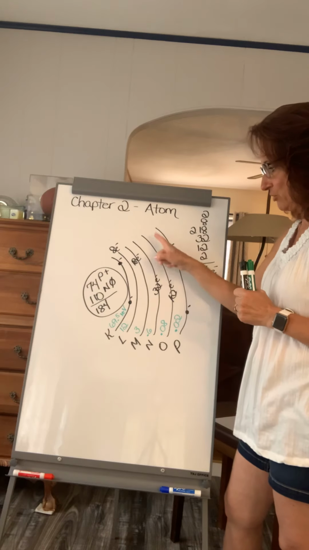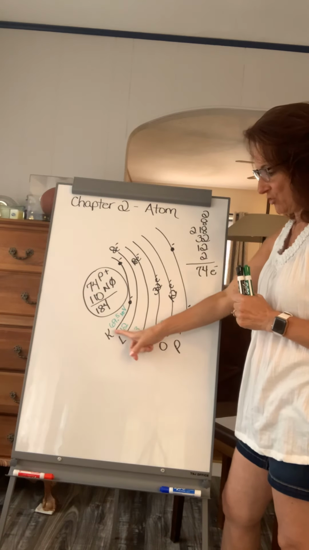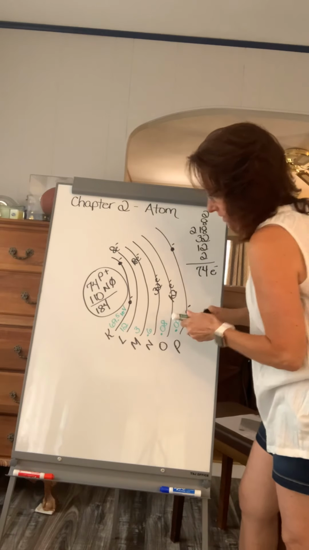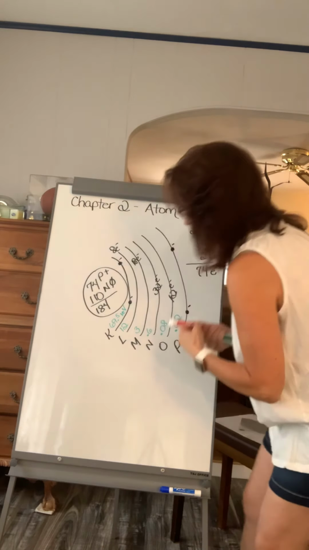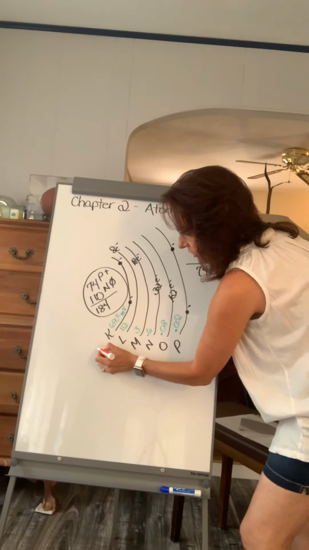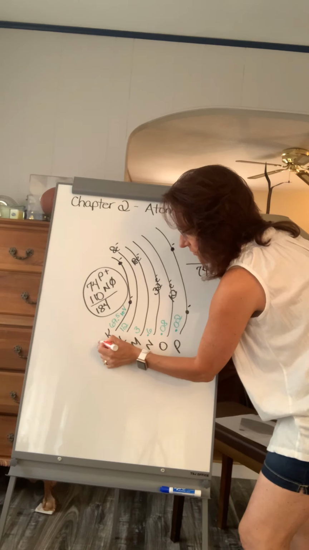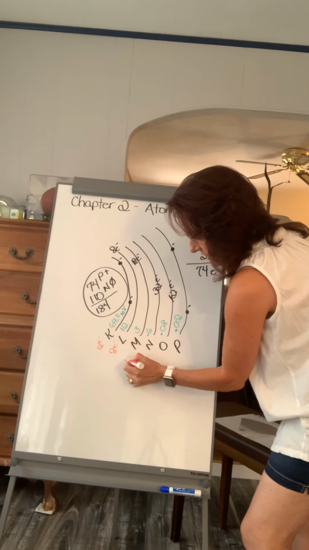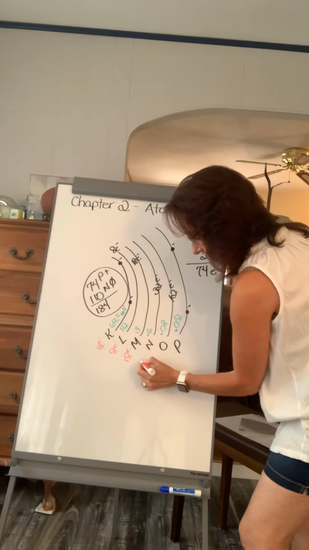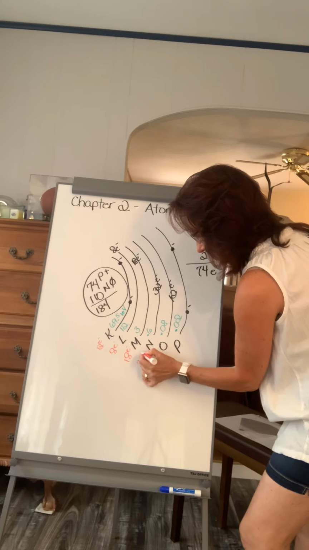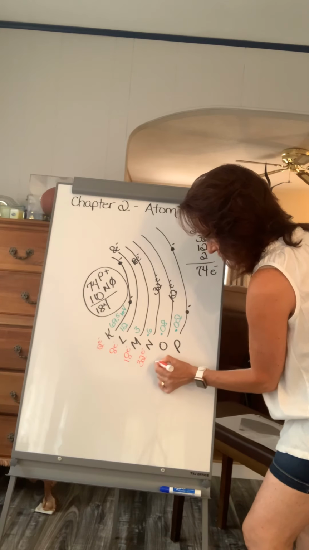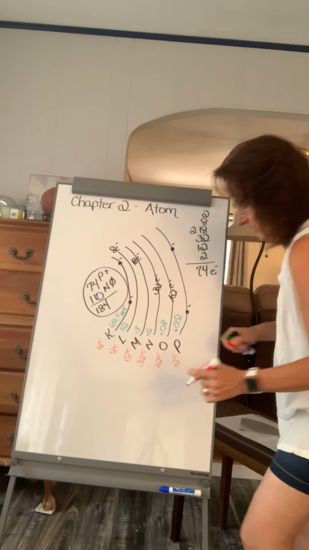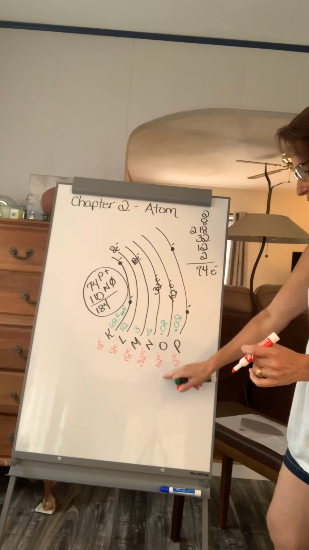The number of electrons on each shell: K has 2, L has 8, M has 18, 32 on N, 12 on O, 2 on P. Okay, 2, 8, 18, 32, 12, 2.